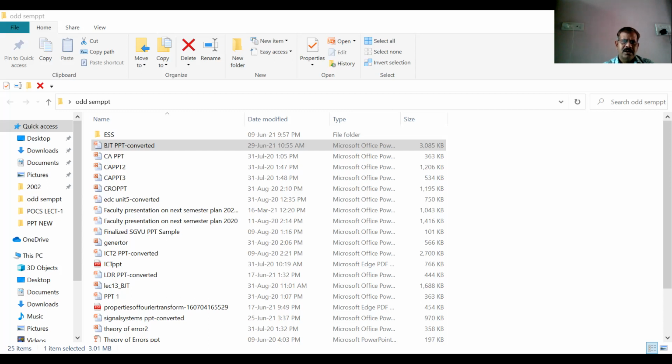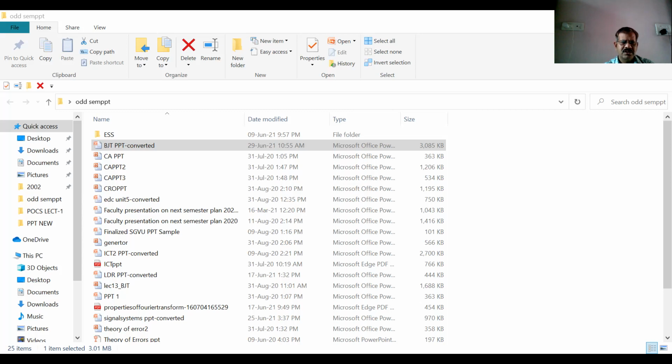Next is the expression for the collector current and emitter current. We know that IC equals alpha IE plus ICBO, and also IE equals IB plus IC. Put the value of IC in this equation, so we have IE equals IB plus alpha IE plus ICBO.